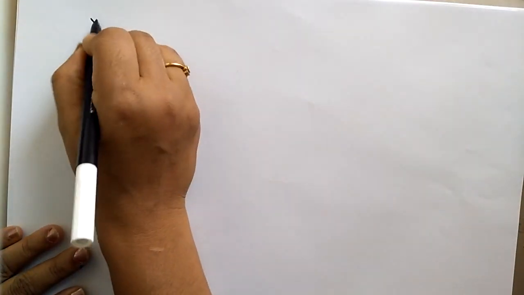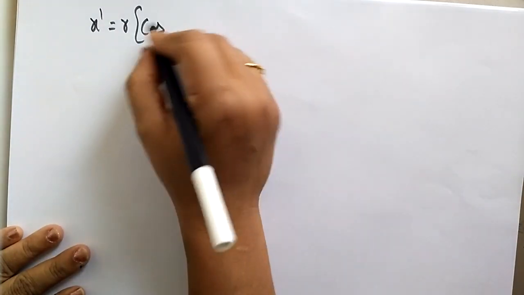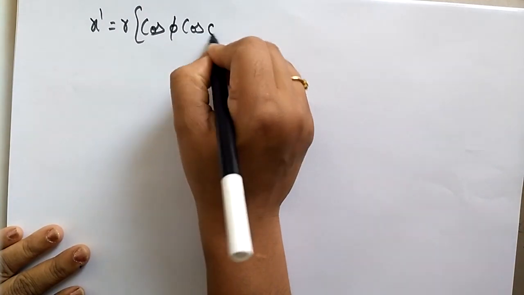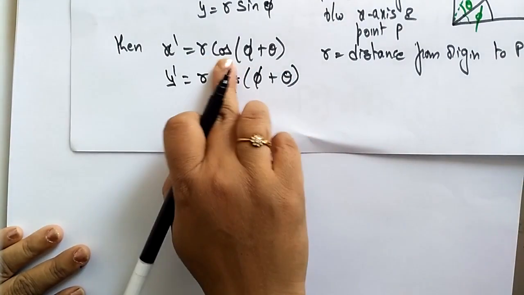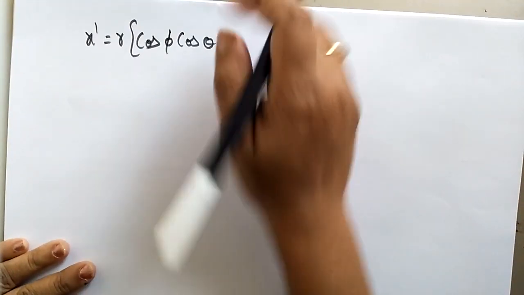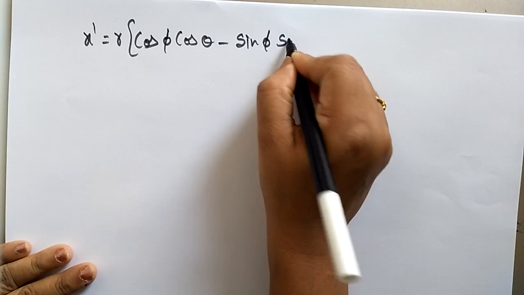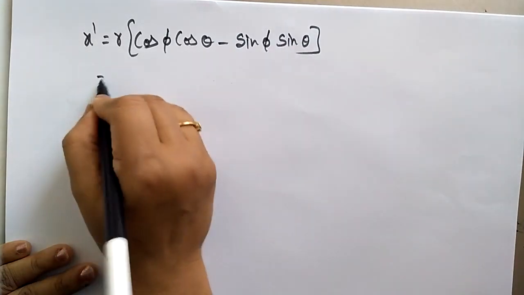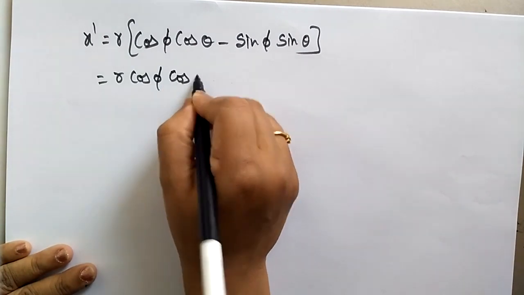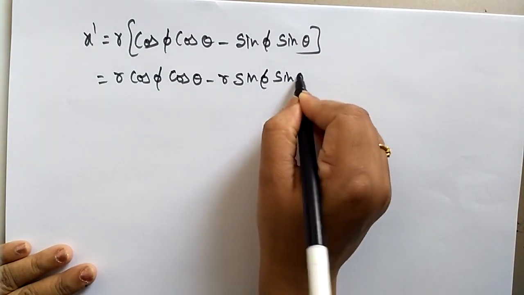Now let me solve. x dash is equal to r times the formula of cos(phi plus theta). The cos(phi plus theta) is nothing but cos phi cos theta minus sin phi sin theta. So r cos phi cos theta minus r sin phi sin theta.